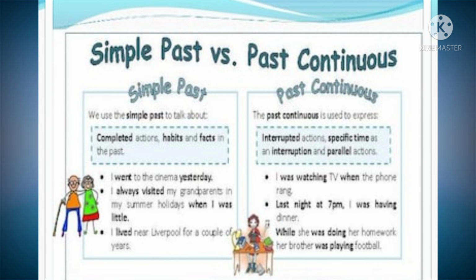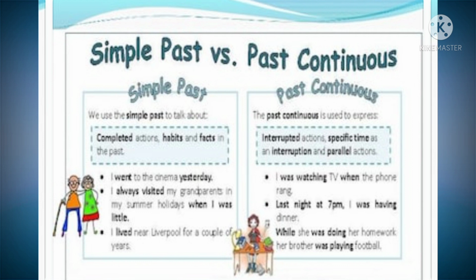Okay, time signifying words like last night, also yesterday, etc. we can use. While she was doing her homework, her brother was playing football.